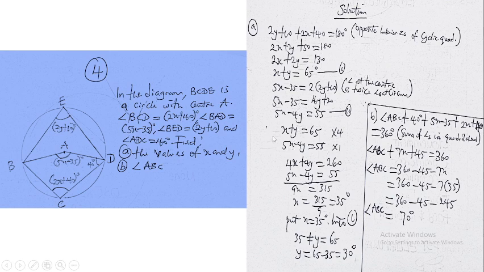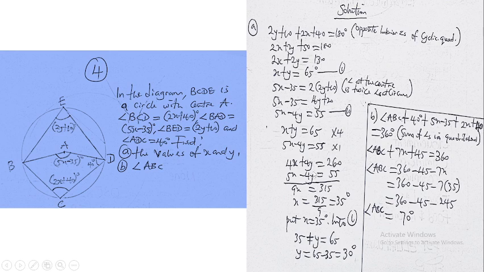I multiply equation 1 by 4 and equation 2 by 1, so that I can make the y terms equal. 4 times x gives us 4x, 4 times y gives us 4y, 4 times 65 gives us 260. Then when I multiply equation 2 by 1, we have it back. So we can now add to eliminate y.